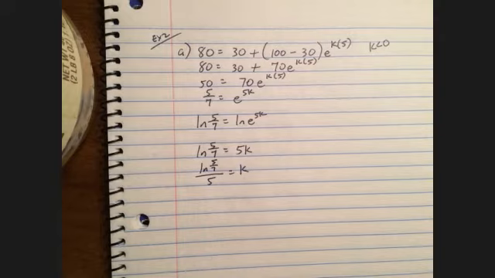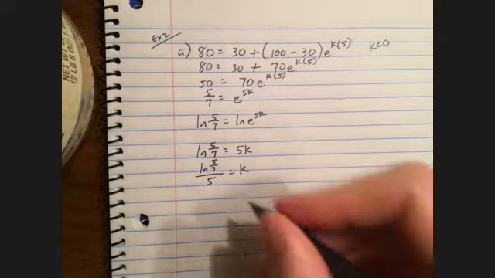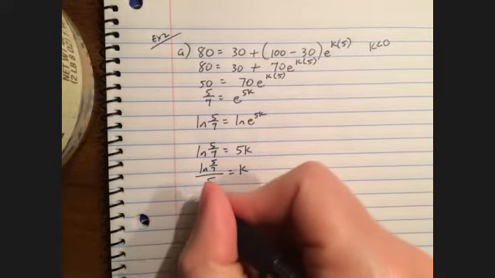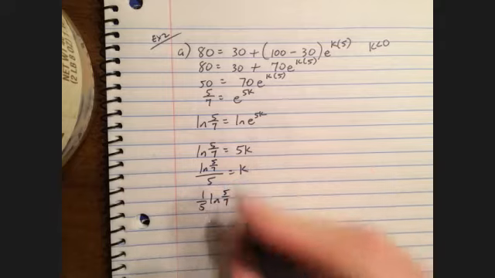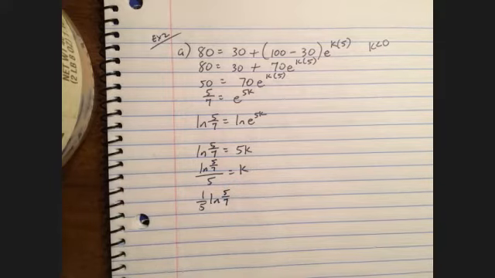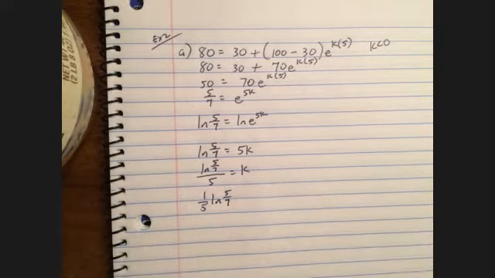Trying to think of the best way to show you guys this. You could make it the same thing as saying 1/5 ln of 5/7. If you want to move that 1/5 as an exponent on that 5/7, you're more than welcome to do that as well. But either way, you're going to get the same approach no matter what.